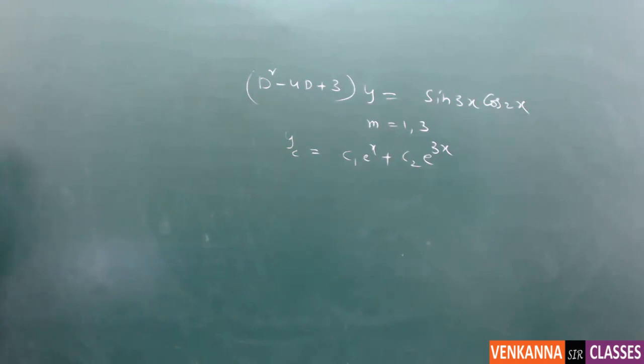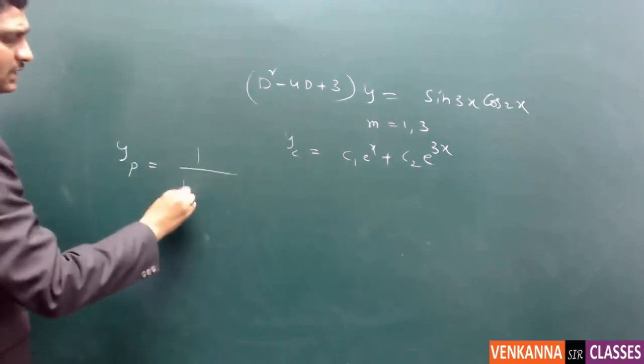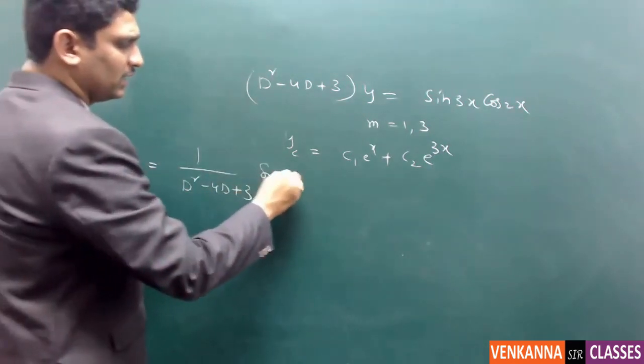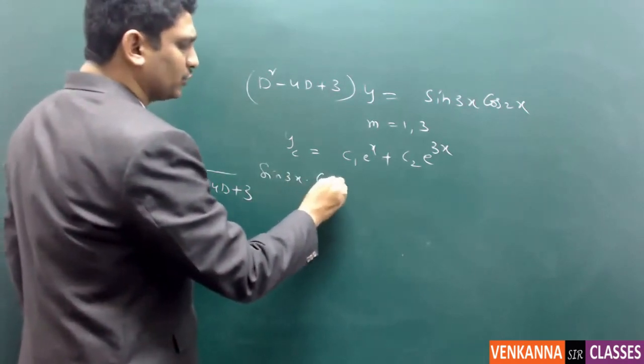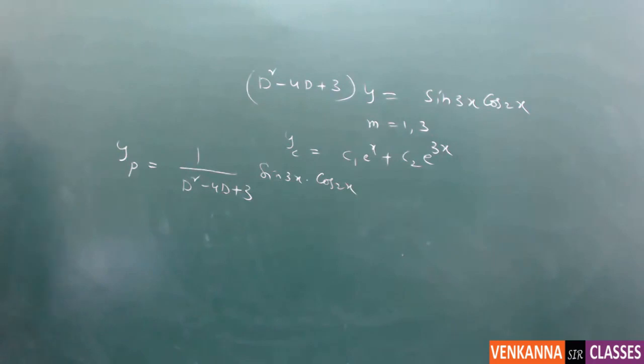Now to determine yp, this is 1 by d square minus 4d plus 3 into sin 3x into cos 2x. So far we have done 3 varieties. First one, power is single, d square is replaced with minus b square.